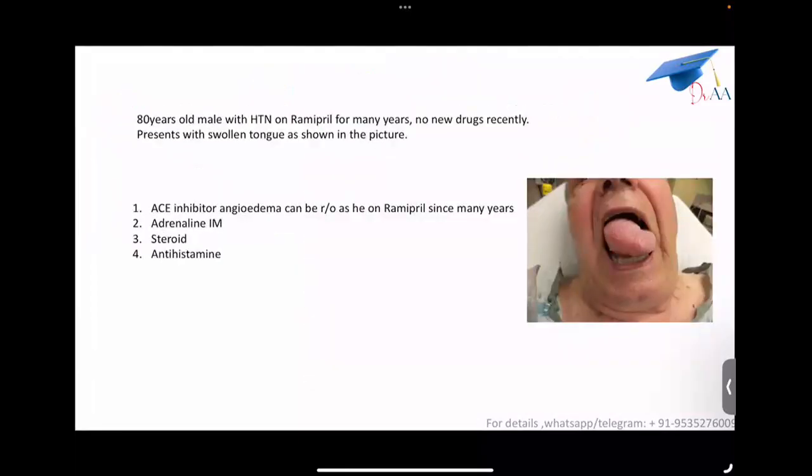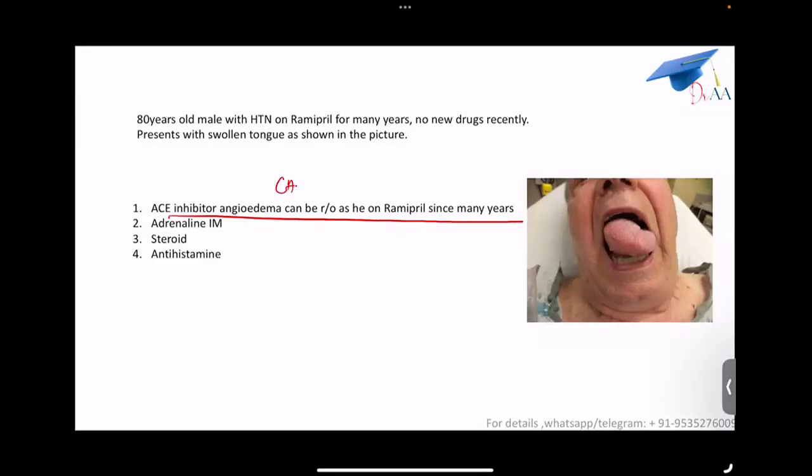An 80-year-old male, a known hypertensive on ramipril for many years, no new drug recently, presents with a swollen tongue as shown in the picture. What will be the right answer? Option A: ACE inhibitor. Can it be ruled out?